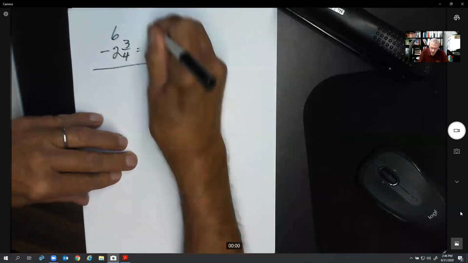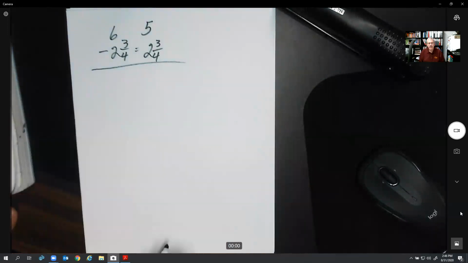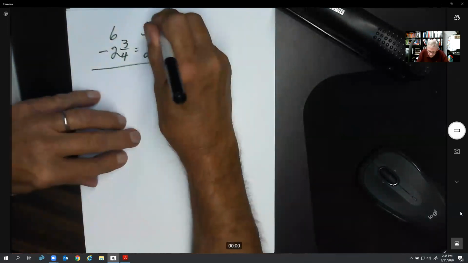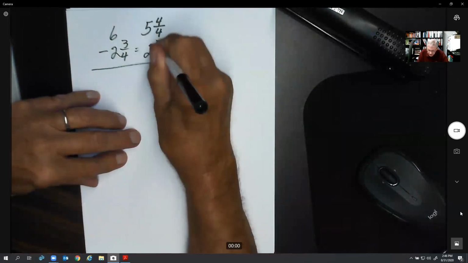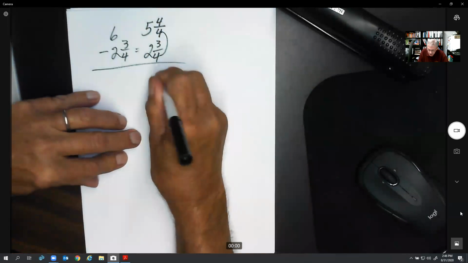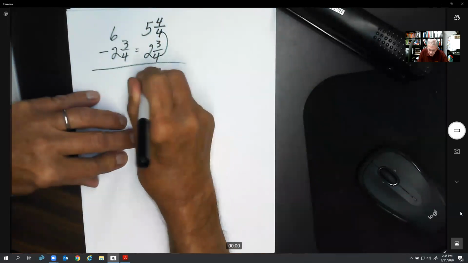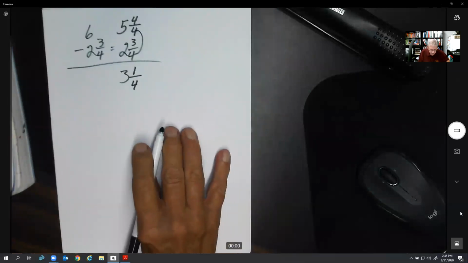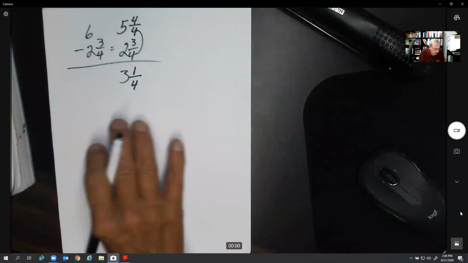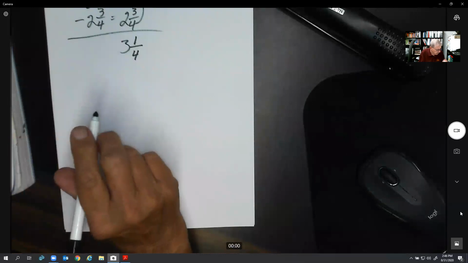But now I want 5 and what? 4/4. Same top and bottom. Now I can subtract. The denominators are the same. 1/4. 3 and 1/4. Easy peasy.